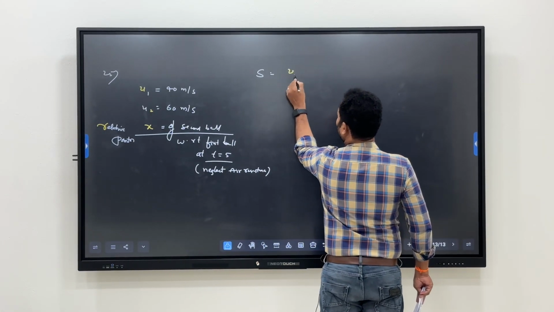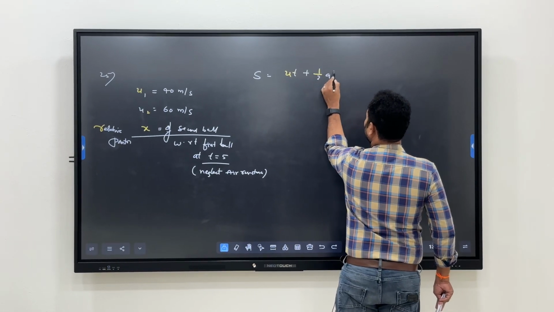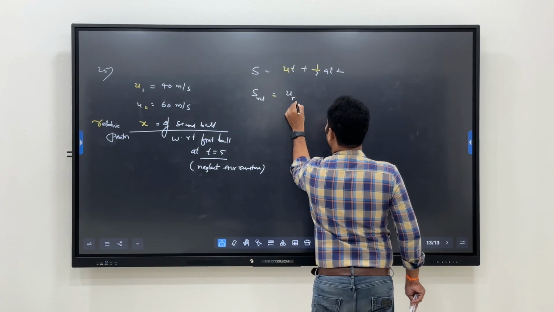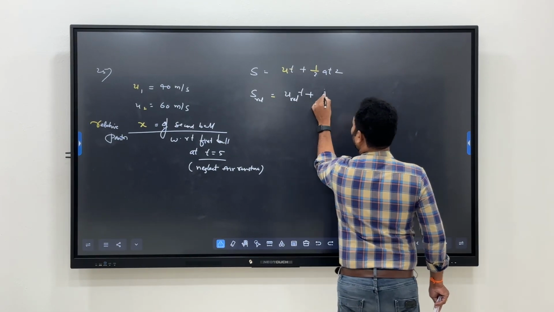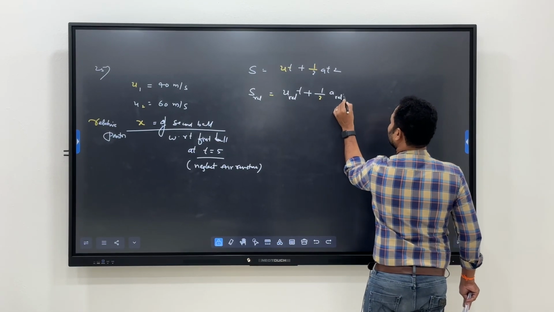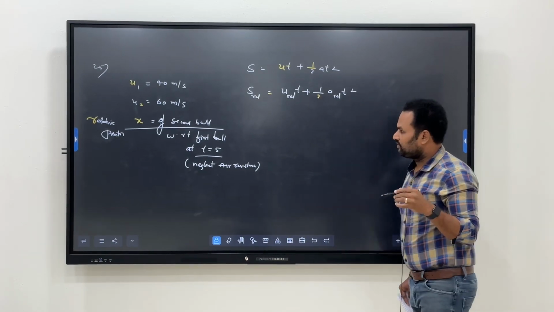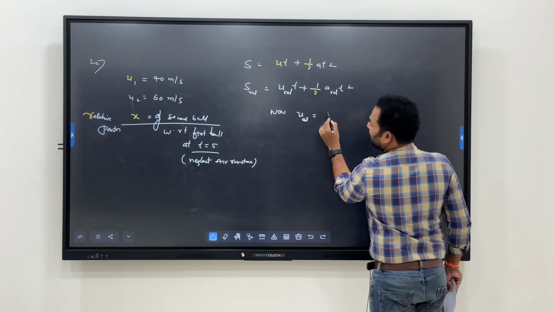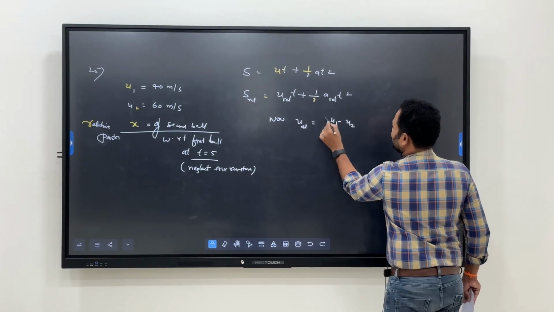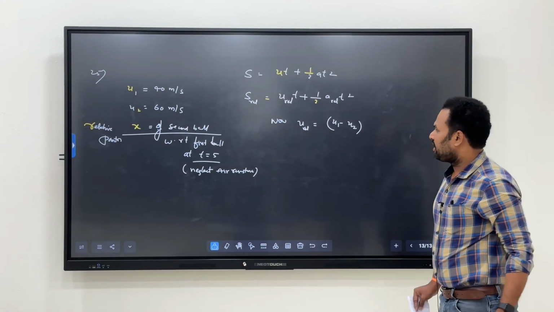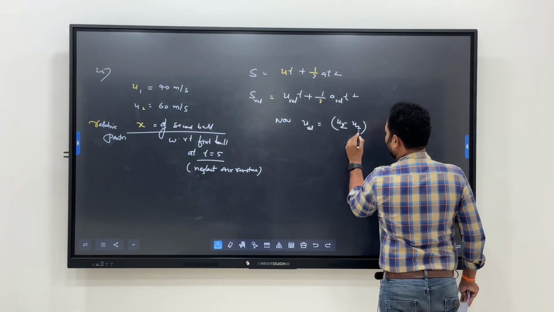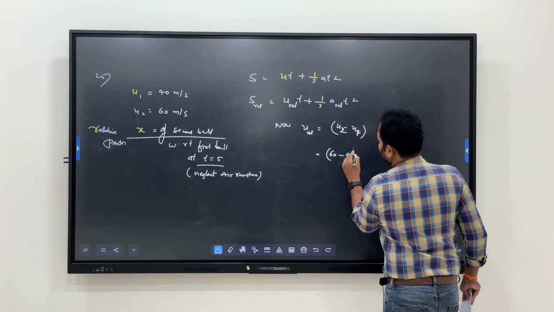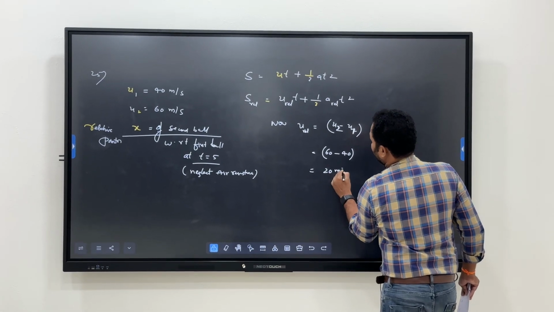Generally S is equal to ut plus half at square. Since u and t are given, S relative is u relative into t plus half a relative into t square. Now u relative is u2 minus u1, the velocity of one object with respect to the other, so 60 minus 40, that is 20 meter per second.